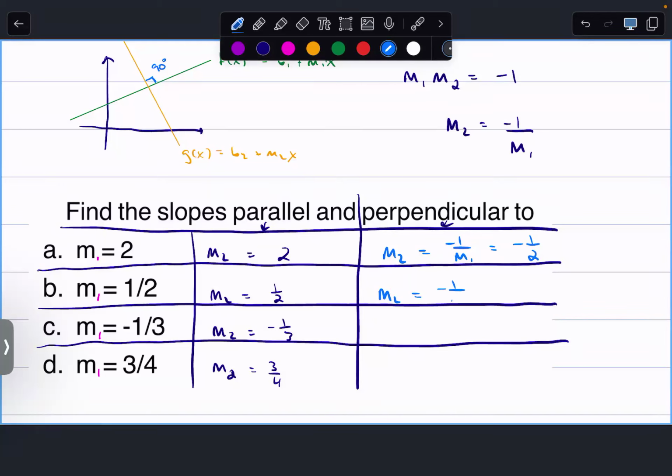M2 is -1 over M1. -1 over 1 over 2 is a fraction over a fraction, right? I need to flip the denominator and multiply. So this is -1 over 1 times 2 over 1. Then I get -2 divided by 1, putting me at -2.